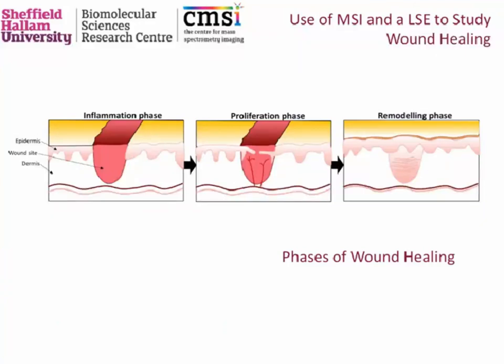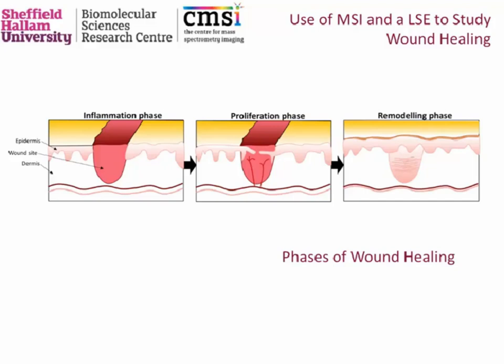A project that we had sponsored as a UK knowledge transfer partnership between ourselves and Innovin was to look at how the 3D skin model works as a way of looking at wound healing. So these are the various phases of wound healing, and again you have to take on board that the 3D skin model is a model, so certain other aspects of wound healing wouldn't be expected to take place.